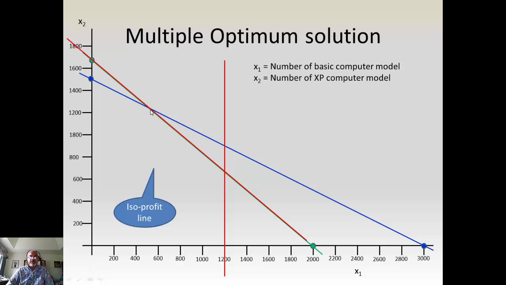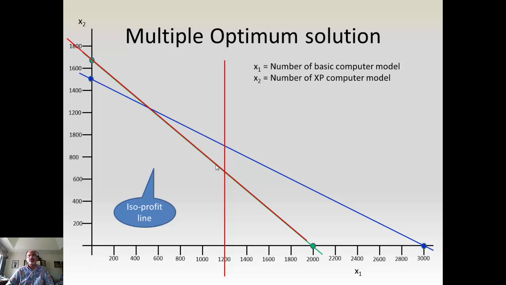So at this point, the entire edge here, starting from that point all the way to this point, they are all optimum. They all give the same maximum iso-profit. So in multiple optimum solution situations, you will have 2 points on the line and every point in between. So there's infinitely many optimum solutions.